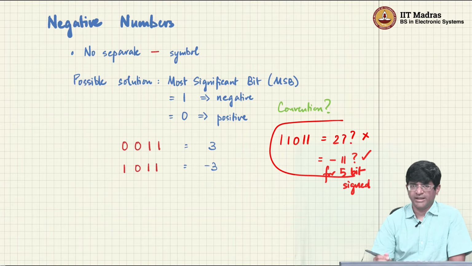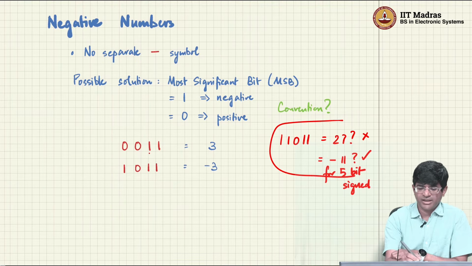It's convention. I have just told you that I am using a signed representation where the most significant bit indicates the sign, and that my numbers are 5 bits wide. If so, then this value 11011 is minus 11. It is not 27 in that context. That is the power of convention, that you need to keep in mind when you are looking at how to interpret different numbers.